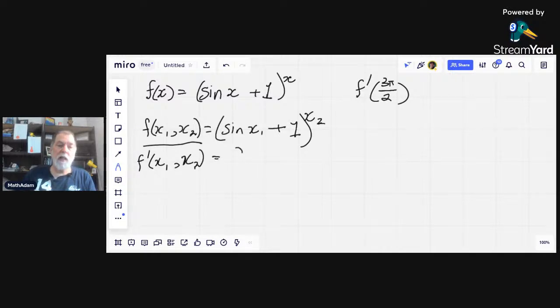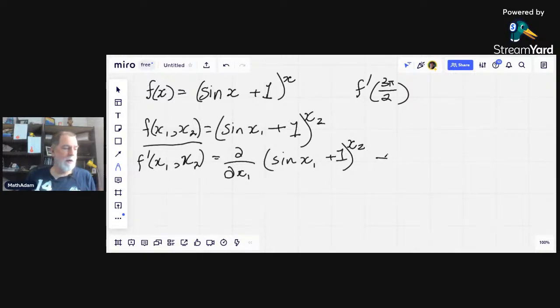equals the partial derivative. So we use the del operator, which is a fun way to make d, or a backwards 6. First we differentiate with respect to x sub 1, and we treat x2 as if it's a constant, sine x1 plus 1. So x2 in this partial derivative is a constant.